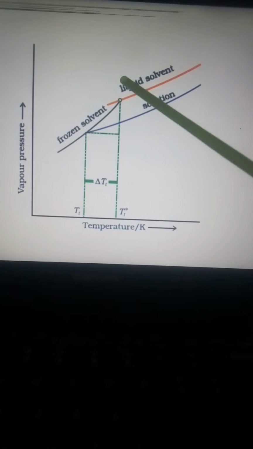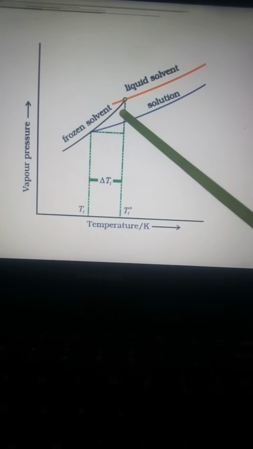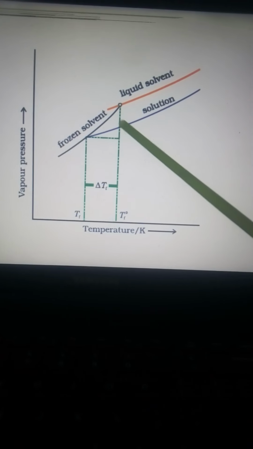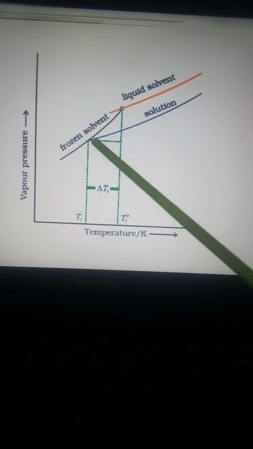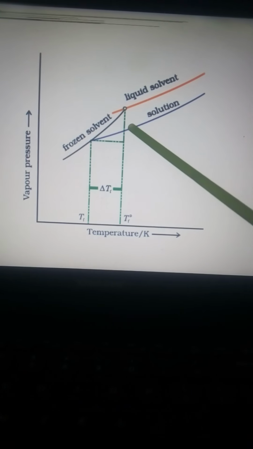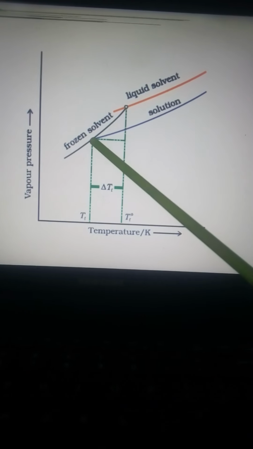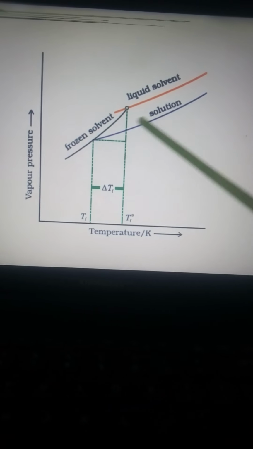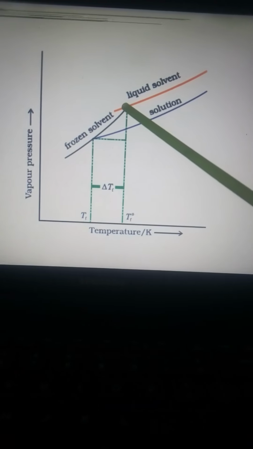Whenever we add some solute to that solvent, it becomes a solution, and the vapor pressure goes down. Now this vapor pressure is not equal to the vapor pressure of the frozen solvent, so to make it equal we have to decrease the temperature further. Then at this point the curve meets the vapor pressure of the frozen solvent. This is the point where the solution starts to freeze, the freezing point of the solution, while this was the freezing point of the solvent.